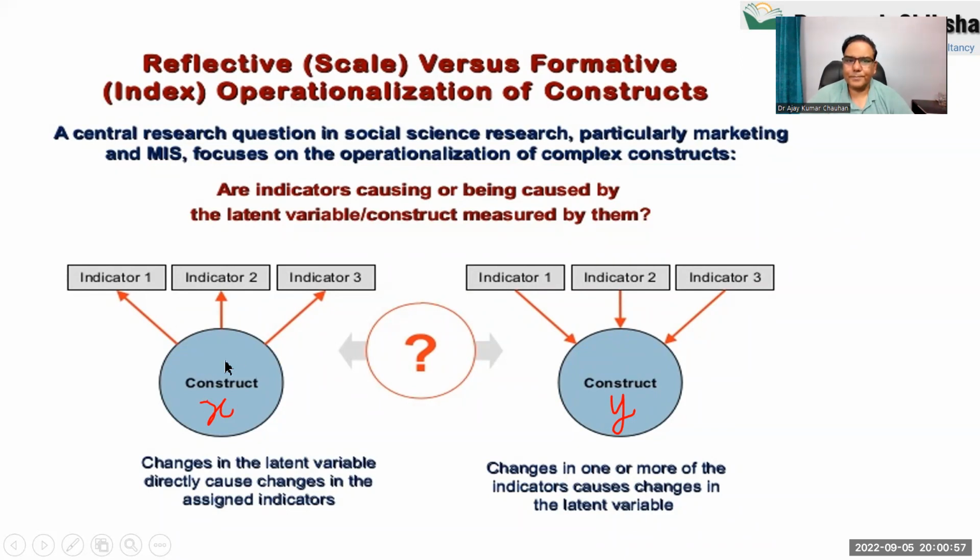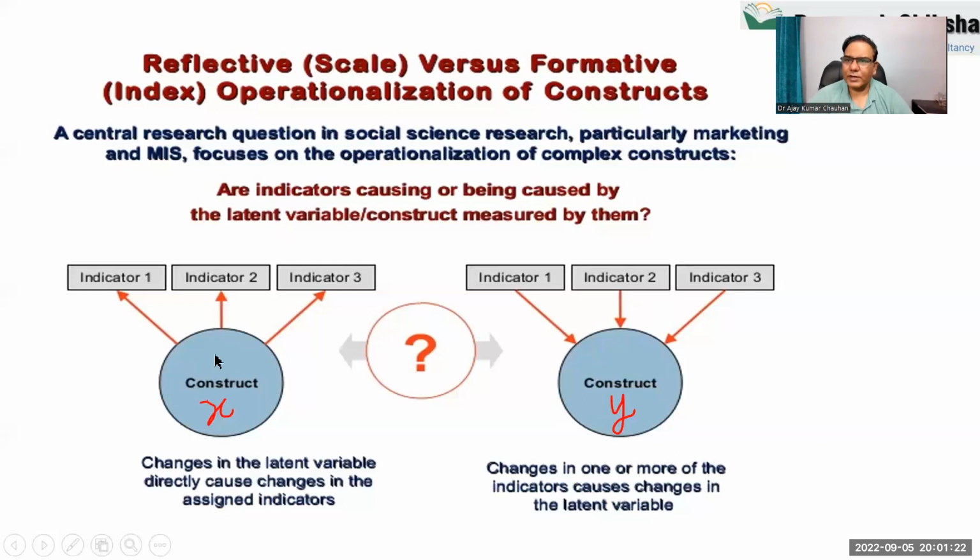In this case, if I ask you that there are two constructs X and Y, and if I ask you which is formative and which is reflective, I think you can make a guess. Like, for example, the X construct, if I ask you whether it is reflective or formative, I hope you can make a guess very easily.